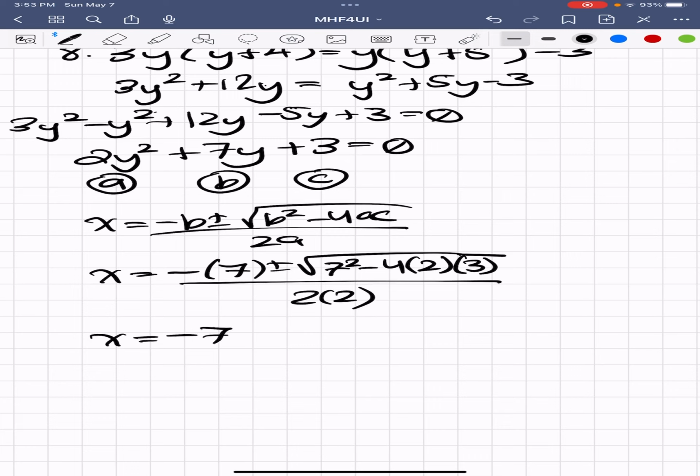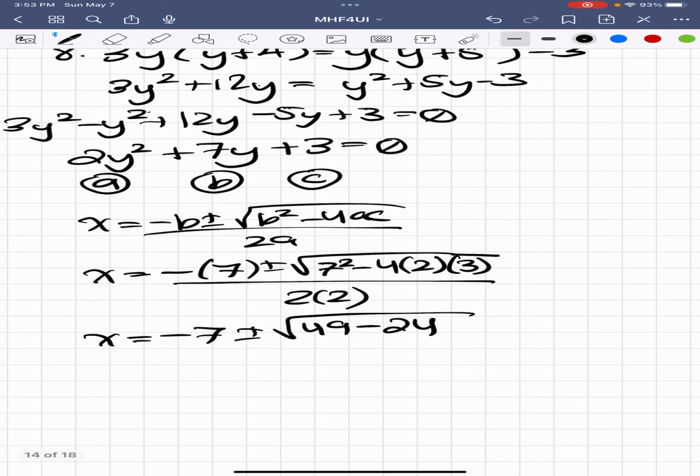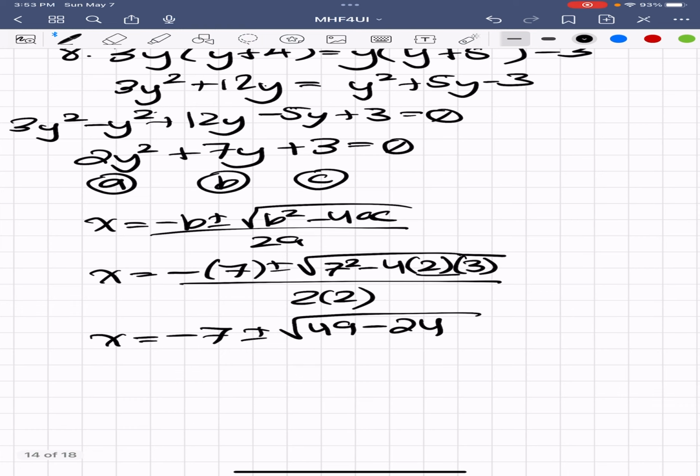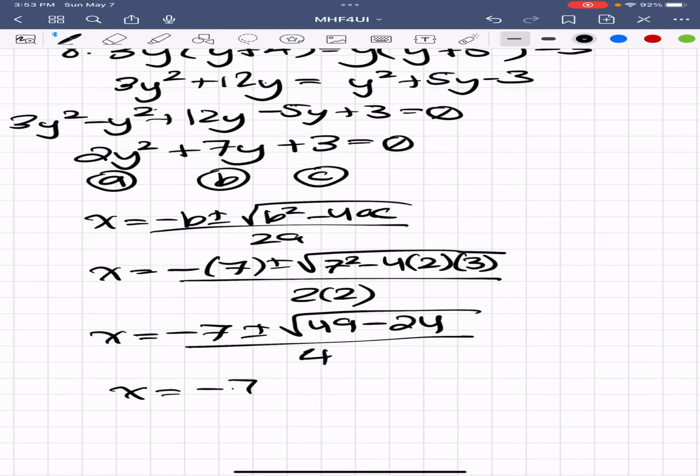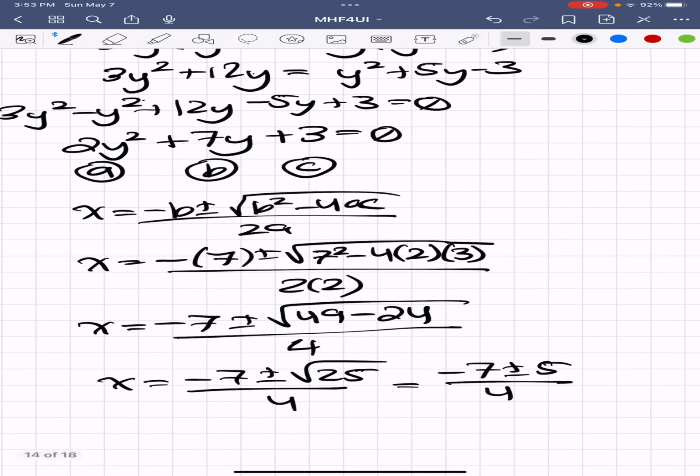So it's negative 7 plus or minus the square root of 49 minus 6, so minus 24. 6 times 4 is 24. All over 4. Negative 7 plus or minus the square root of 25 over 4, which would be negative 7 plus or minus 5 over 4.